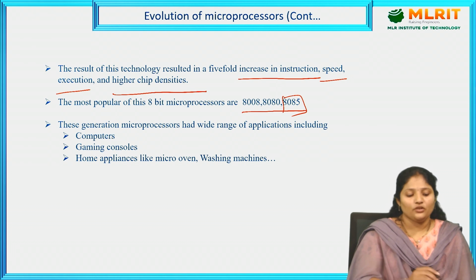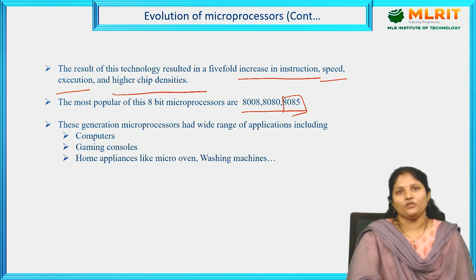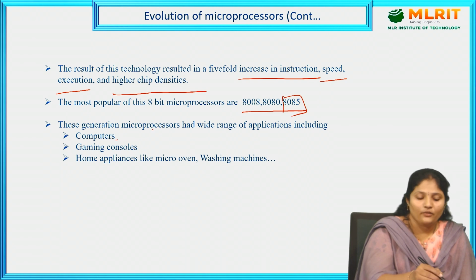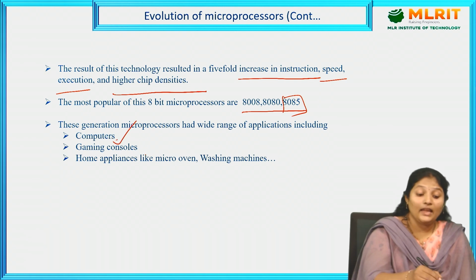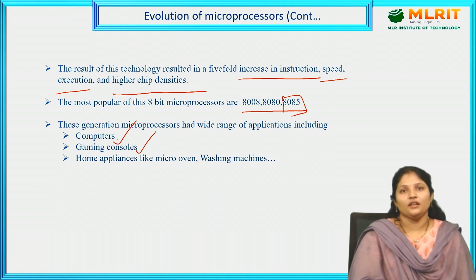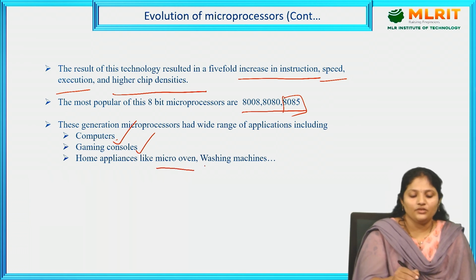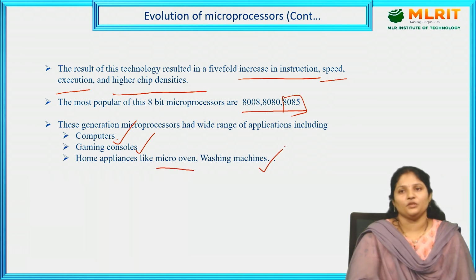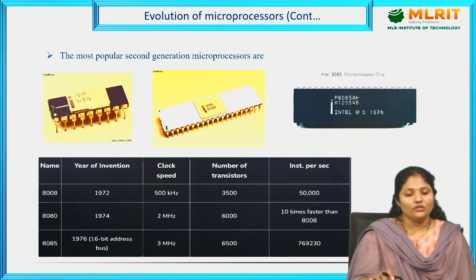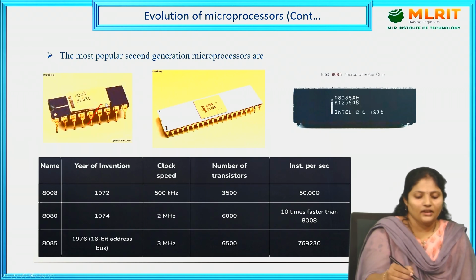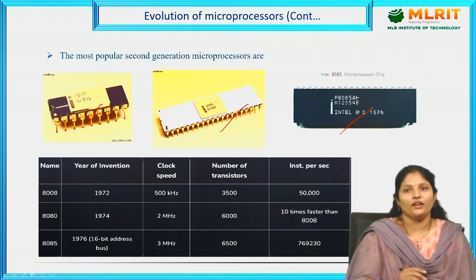These second generation microprocessors had wide applications: they were used in computers, gaming consoles came into the picture, and microcontrollers were used in microwaves and washing machines.